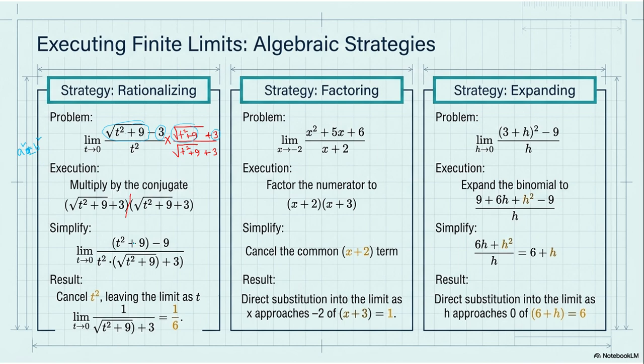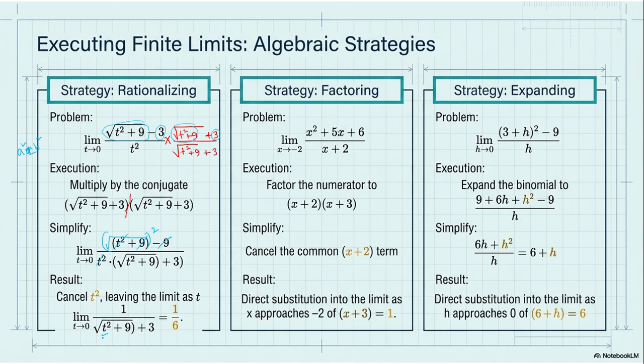A square means root over this square, so the square root and square cancel. We will have t square plus 9 minus 3 square, that is 9. Then we can cancel out plus 9 minus 9, and then t square by t square. Now we can easily put the value of t equals 0 here.